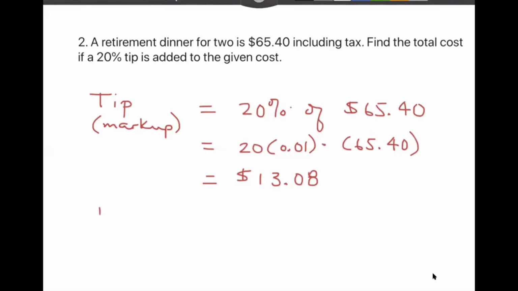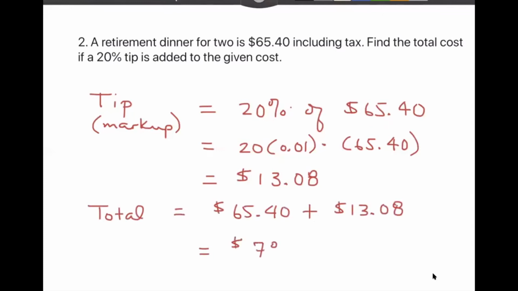It's just going to be the total cost, which is the original check, $65.40 plus $13.08 comes out to $78.48.